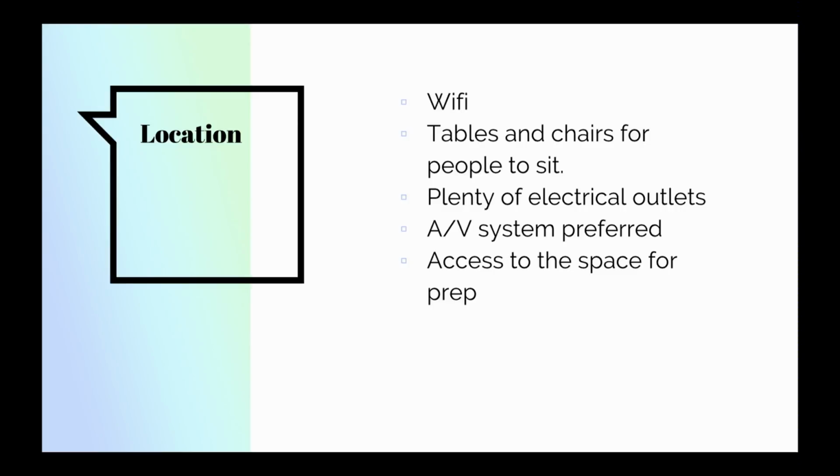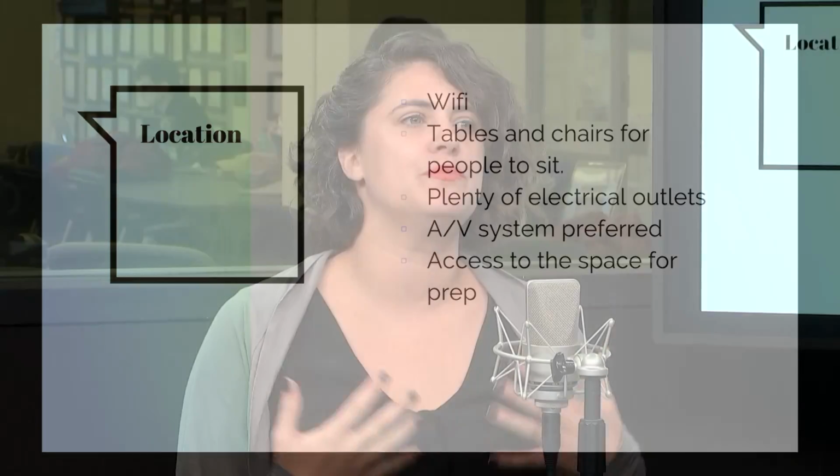When people come in to work on a hackathon, they're going to use a lot of bandwidth. So make sure that you understand not just, is there Wi-Fi, but what kind of bandwidth are you working with? How many people can you get on the network? What are the constraints of the Wi-Fi that you have? That is going to be really important. That might even constrain some of your design around how many people you bring, how big your event is.